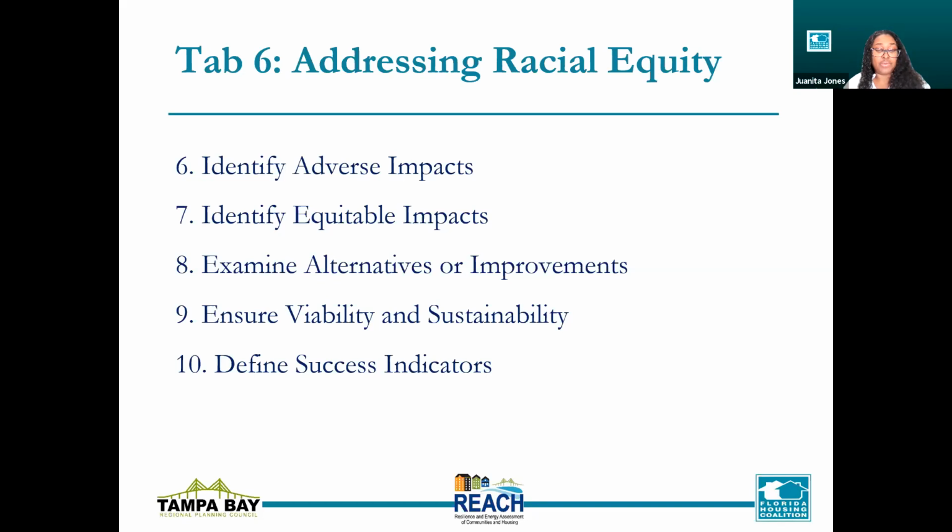And then identify equitable impacts. Are there approaches that you're using that can actually promote equity in the impacts for people in your community? Examining alternatives or improvements. What can you change in your program to reduce those disparities that you're seeing? Or can you change to advance equity in a forward-thinking, more positive way?